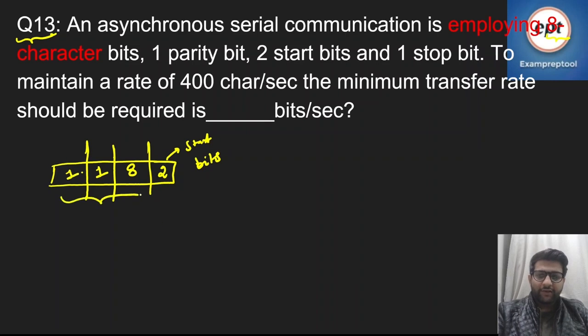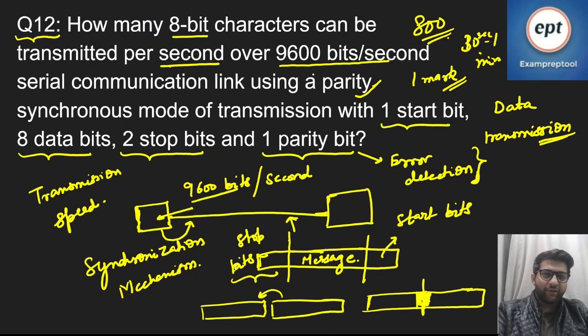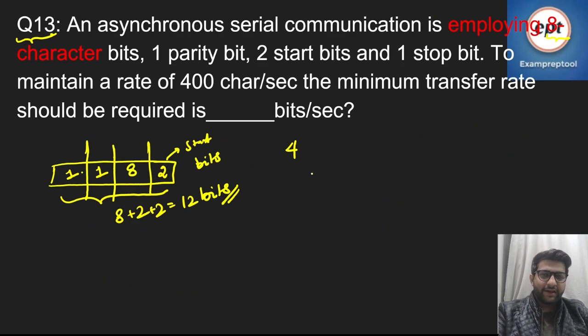So the overall size of a message will be 8 plus 2 plus 1 plus 1, that is 12 bits, to maintain a rate of 400 characters per second. In the previous question, we were given the transmission speed in bits per second. Here, what we need is a transmission speed of 400 characters per second.